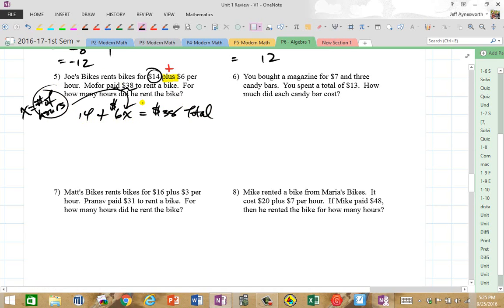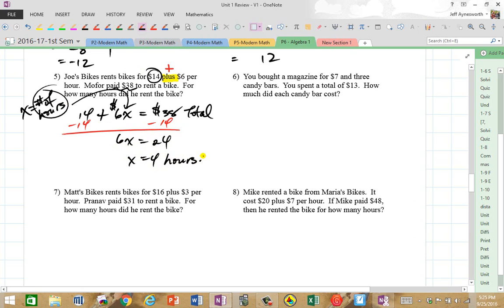All right, and he paid 38 total. So we've got to figure out how many hours he rented. So let's solve this. Okay, let's add the opposite. And we get 6x is equal to 38 minus 14, which is 24. Since 6 times 4 is 24, x has to be 4. And since x is the number of hours, this is 4 hours.